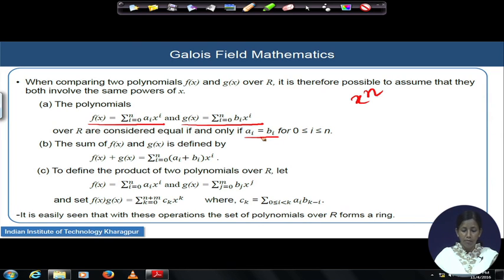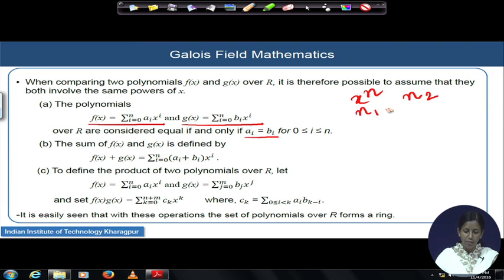And if f(x) is going up to the order of n1 and g(x) is going up to n2, then for the polynomials to be equal, definitely you have to also prove that n1 is equal to n2. The sum of the polynomials f(x) and g(x), when both have the same power of x equal to n, will be given simply by (a_i plus b_i) x^i.